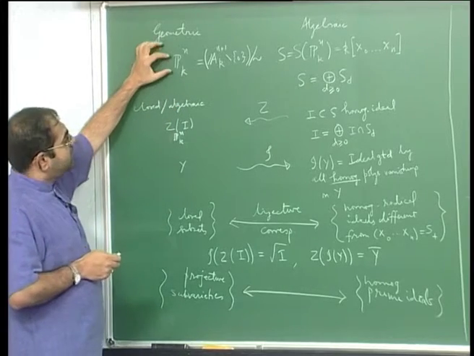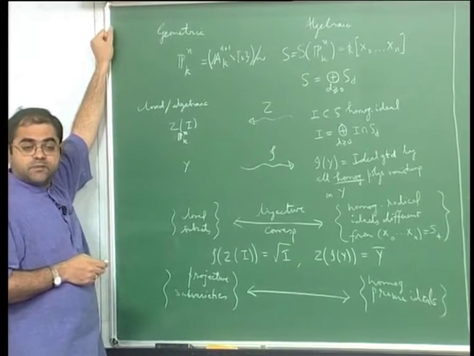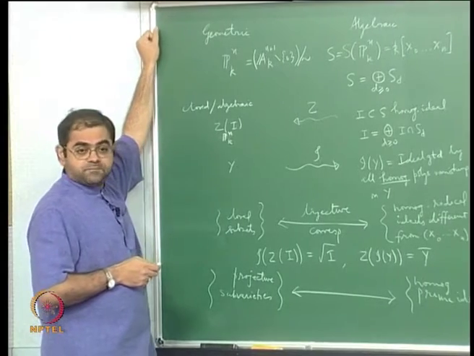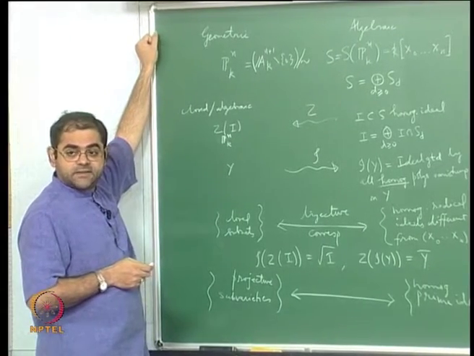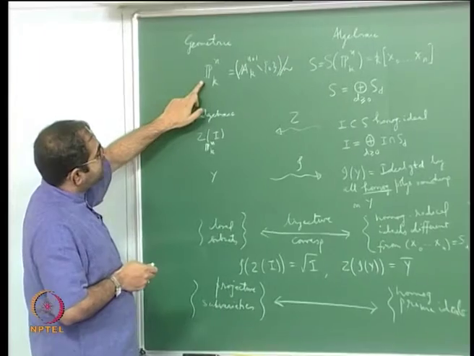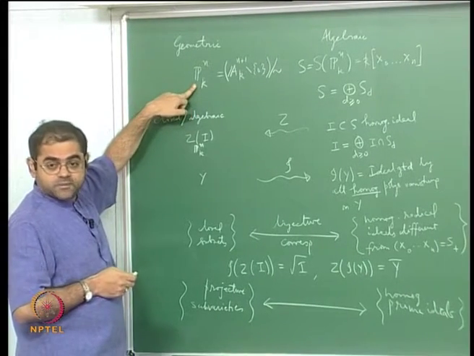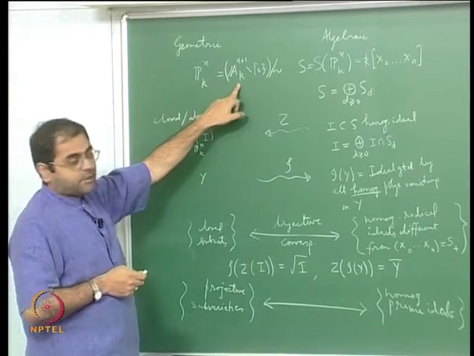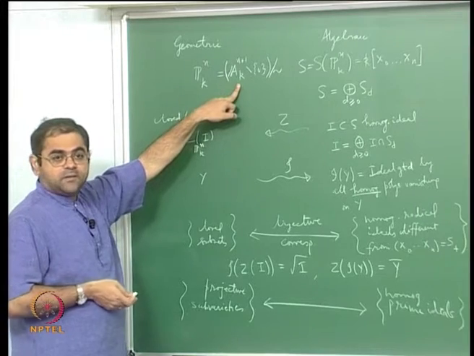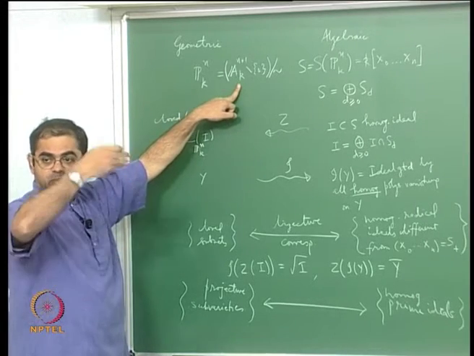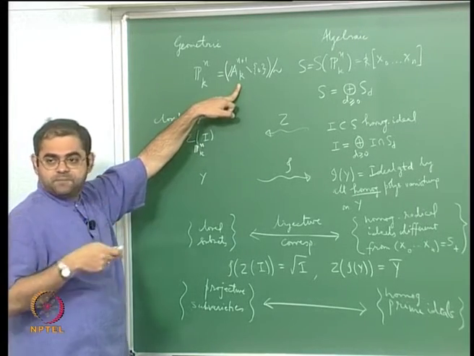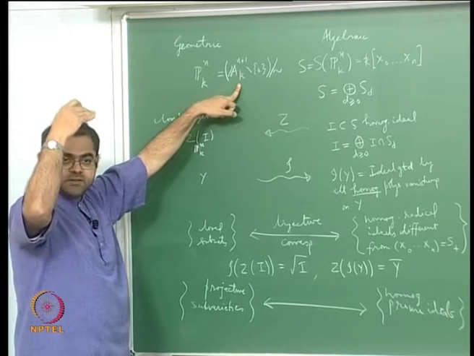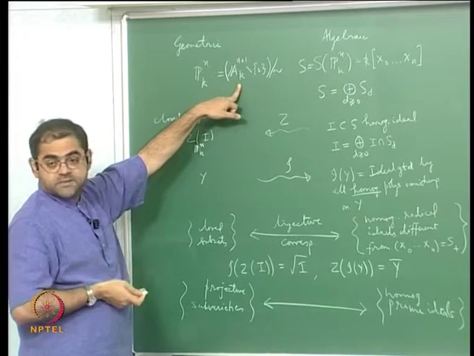For example, how do you verify that a space is Noetherian? You show that it satisfies the DCC, the descending chain condition for closed sets. So if you give me a descending chain of closed subsets in projective space, you simply pull it up by the projection map to the punctured affine space above, and then you add the origin, so that you get a descending sequence of closed subsets in affine space.